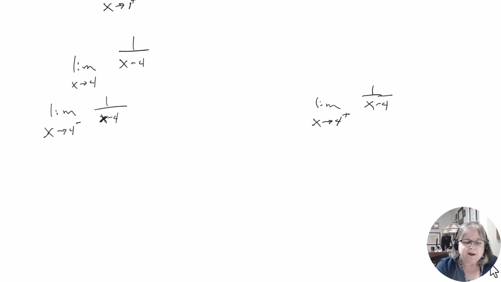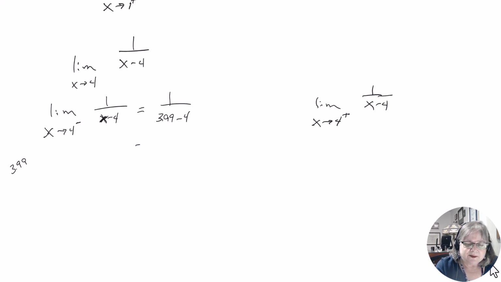Okay? Now, I need a number to the left of 4. So for me, I'm going to pick 3.99. Okay? You could pick 3.98, 3.97, 3.95. Y'all just pick whatever number that it kind of feels like to you. And we're going to put this in here and kind of look at it and get a gut instinct for what's going on. So we would have 1 over 3.99 minus 4.